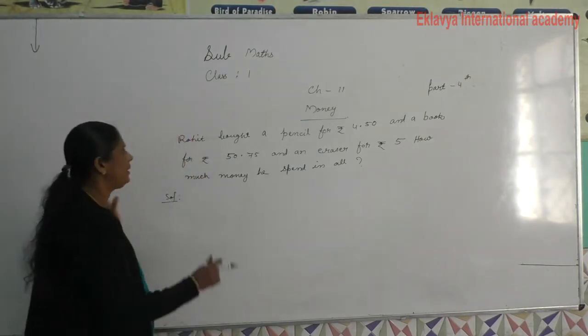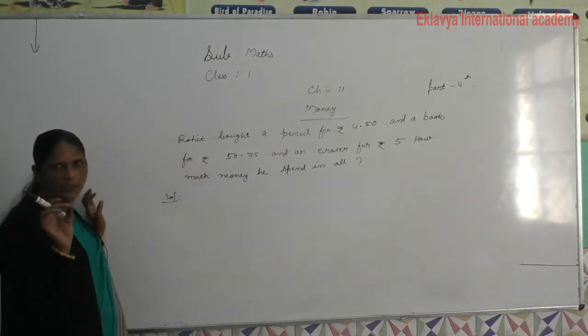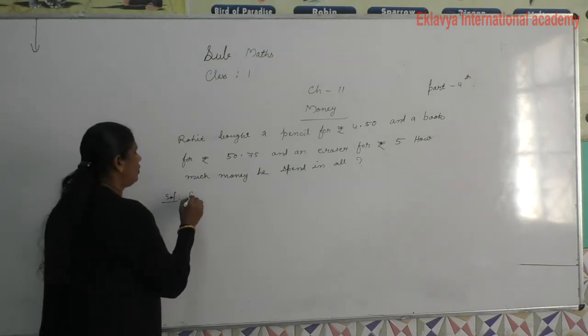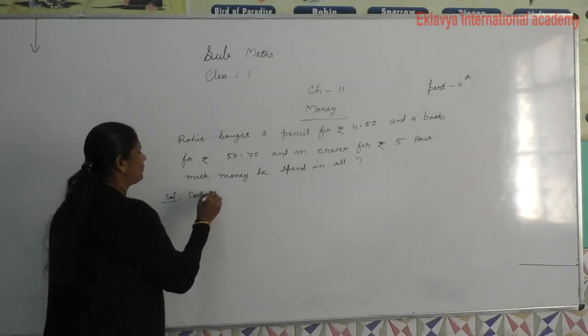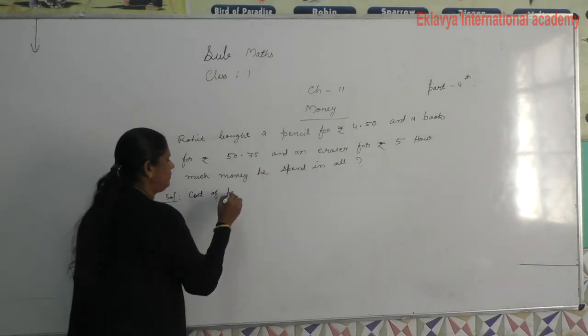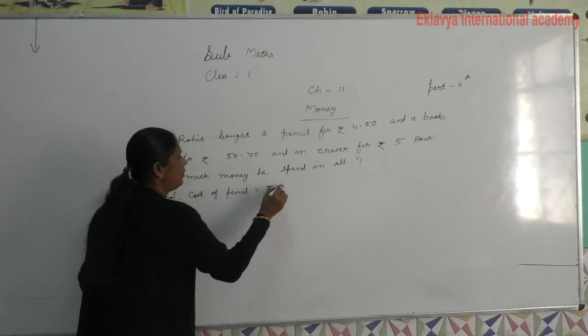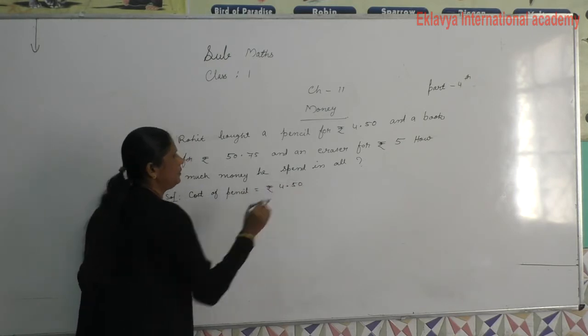Then write the statement: cost of, this is in rupees, therefore you write cost of pencil is equal to rupees 4.50.